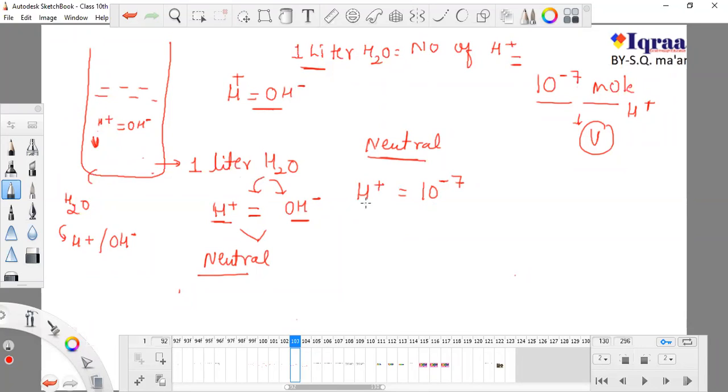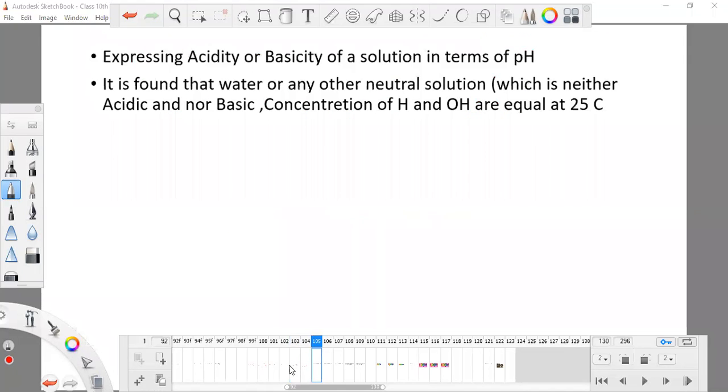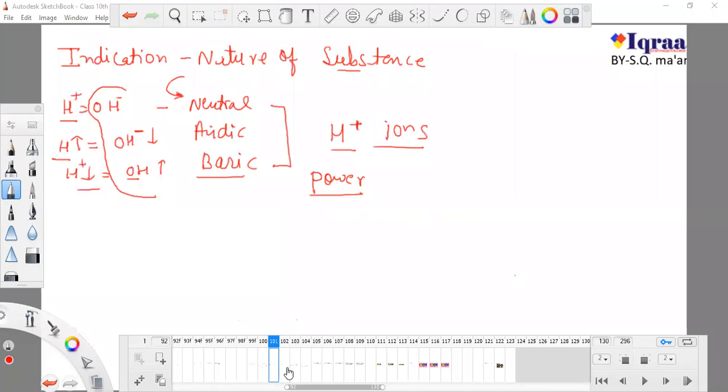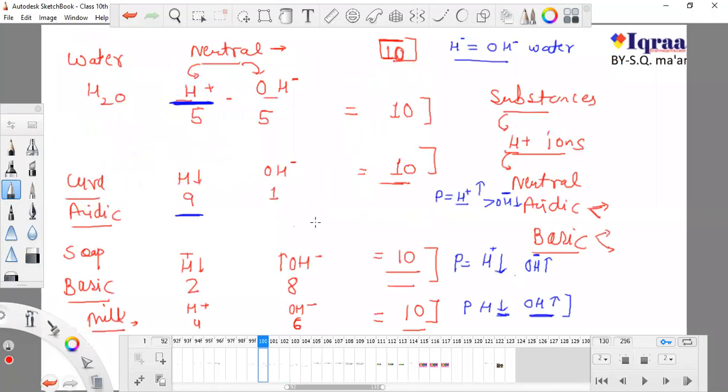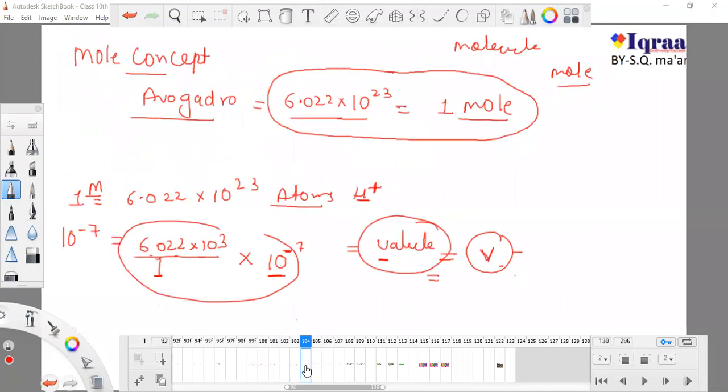So if the value of H plus ions in water is 10 to the power minus 7 mole, then definitely the number of OH minus ions is also 10 to the power minus 7 mole, because we studied that in water the numbers of H plus and OH minus ions are the same. They are equal.